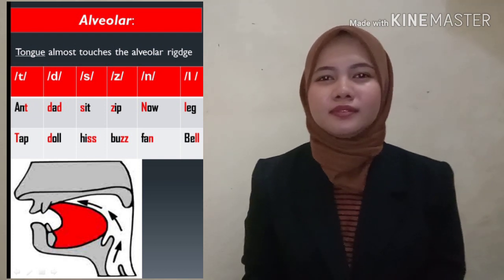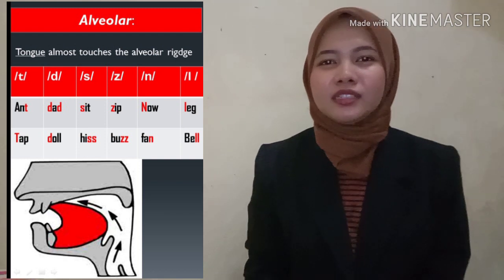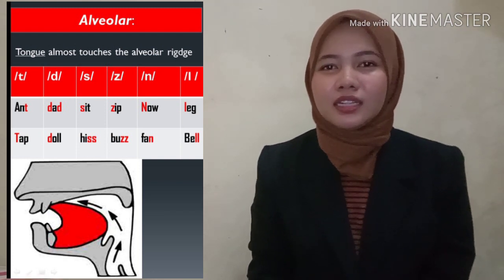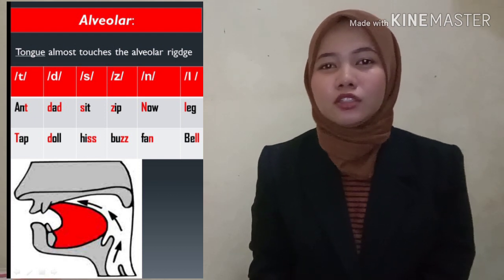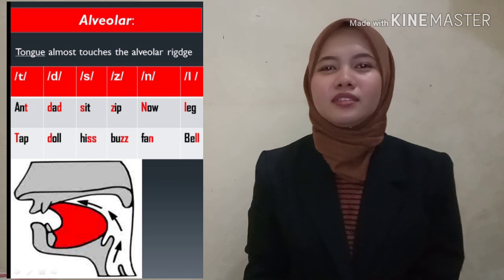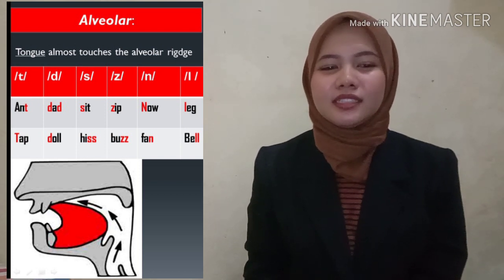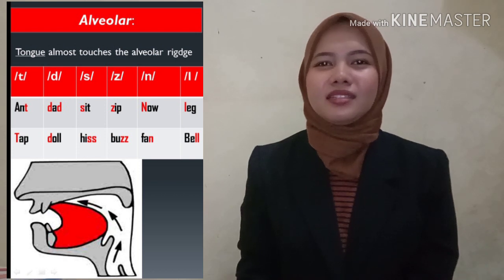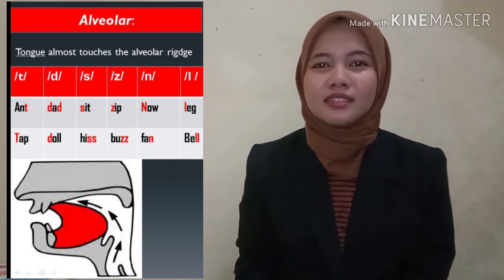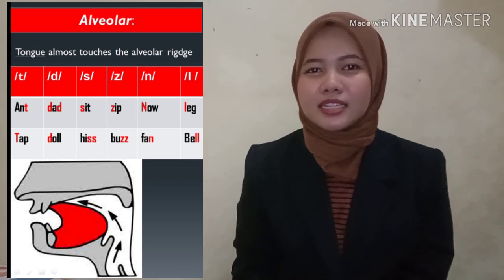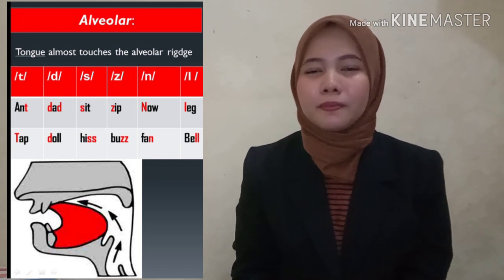For the t sound, for example, ant, tap. And for the d sound, for example, dad, doll. For the s sound, for example, sit, his. And then for the z sound, zip, buzz.